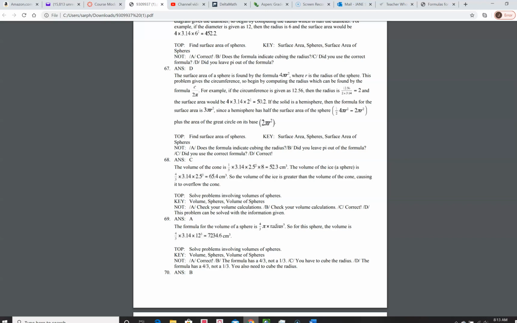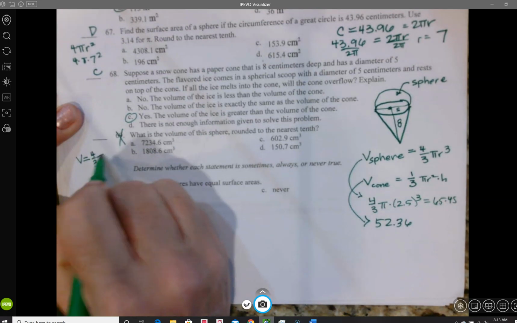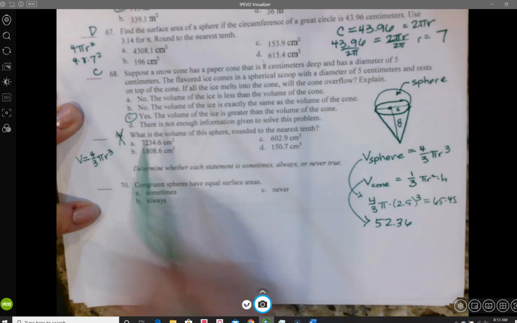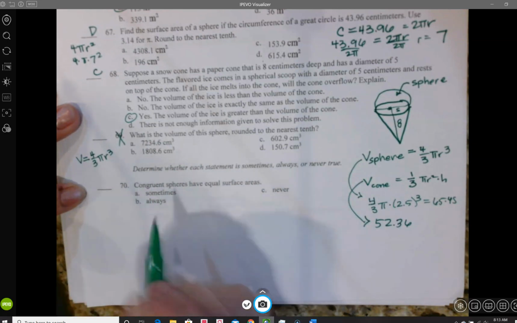I think they just left the picture off of this one. So unless you have the picture, you really can't tell that what they're talking about is a sphere with a radius of 12. So from the answers, I'll just reiterate that the volume of a sphere is 4/3 pi r cubed. So whatever the r is, you just plug it in.